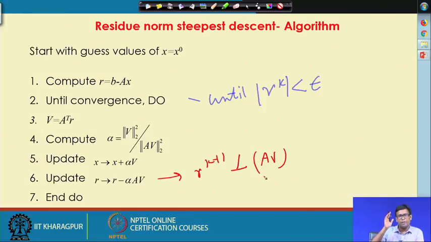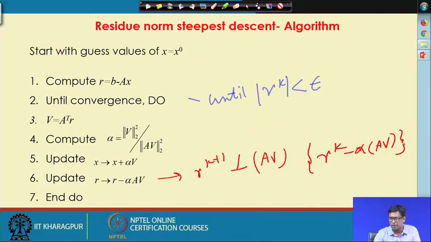If we apply the ideas we obtained during orthogonalization, you can decompose a vector along one particular vector and its perpendicular component. If we take away the component along that vector, what remains, r k minus alpha A v, should be perpendicular to A v.